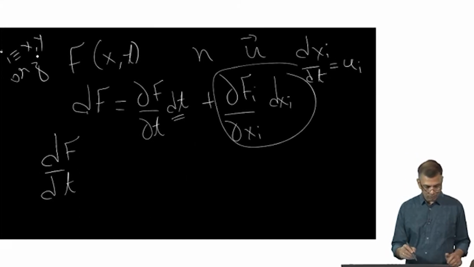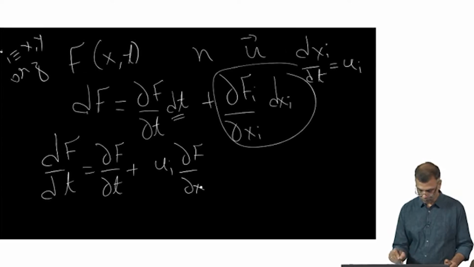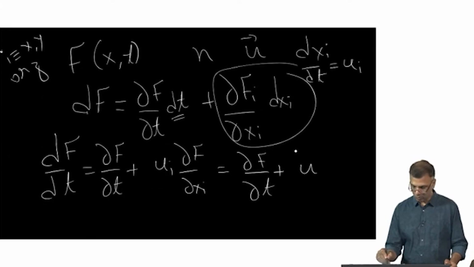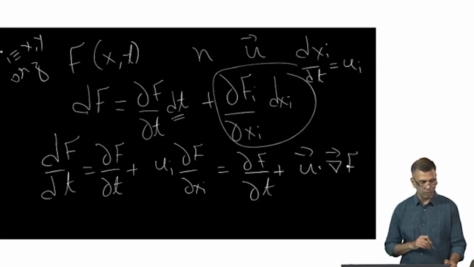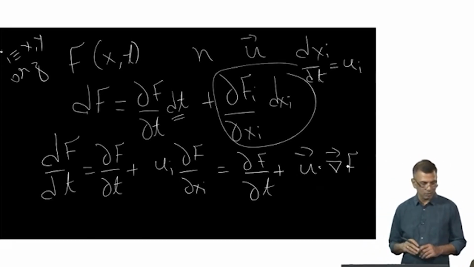So this is essentially, or in vector language, u dot gradient of f, where in this case f is still a scalar function.